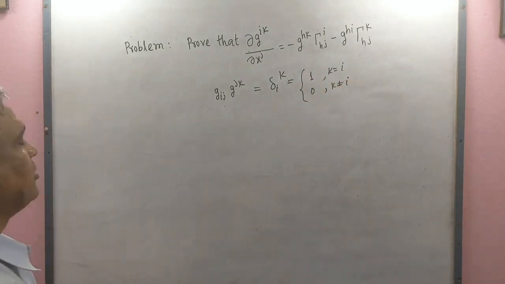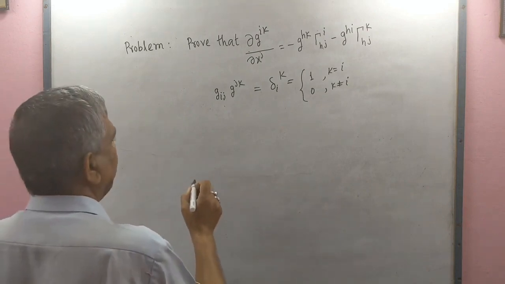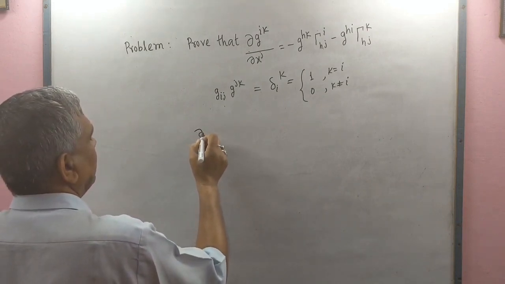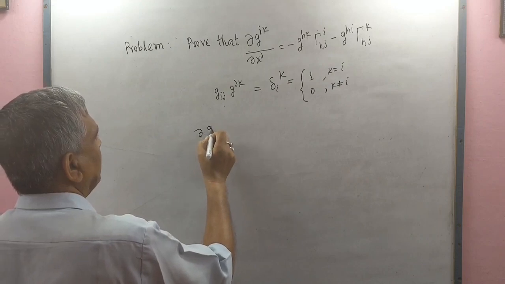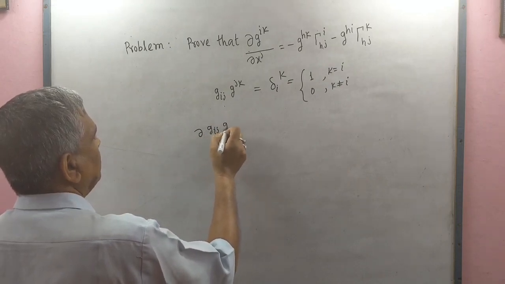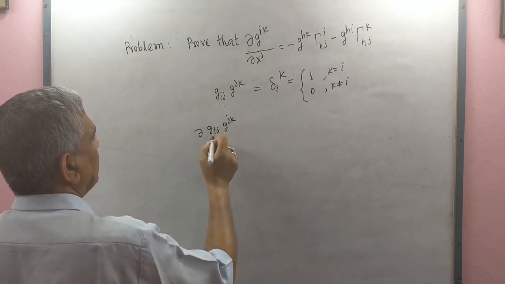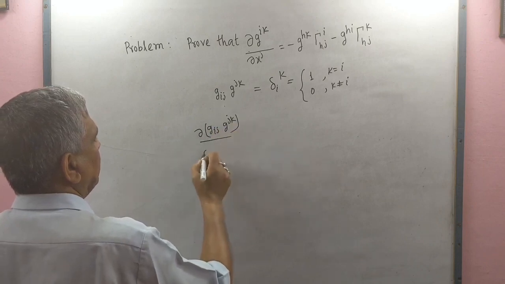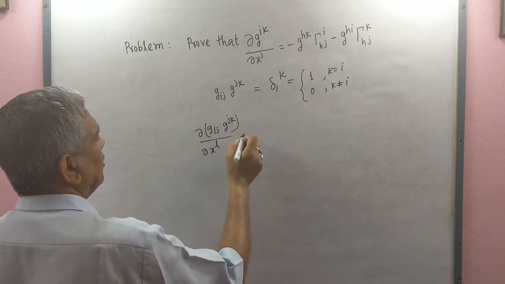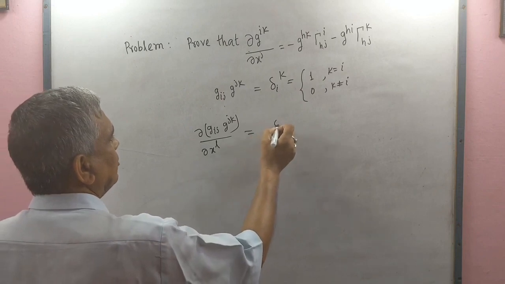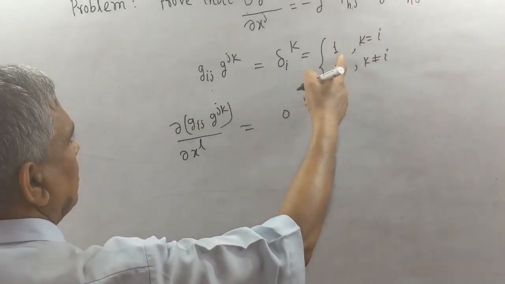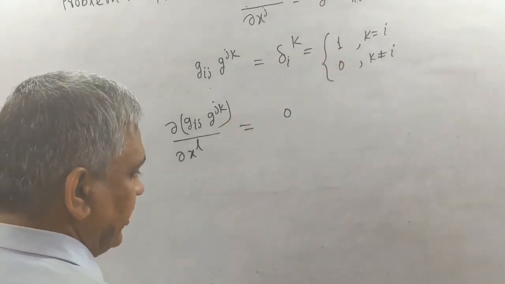Differentiating both sides with respect to xl, del (g^ij g_jk), right side 0 as it is 1 or 0 constant.